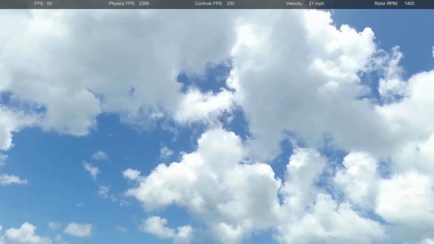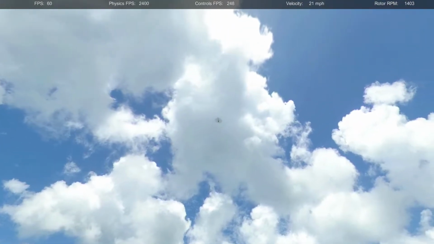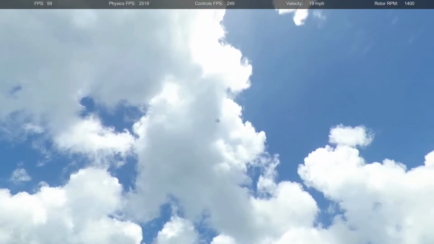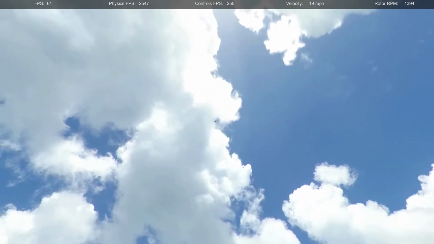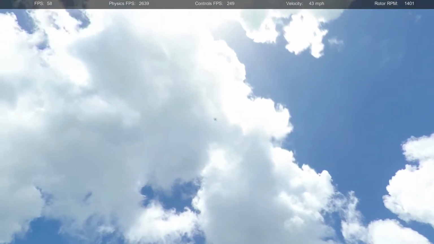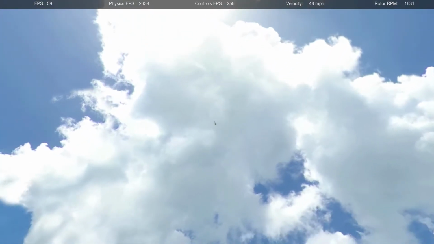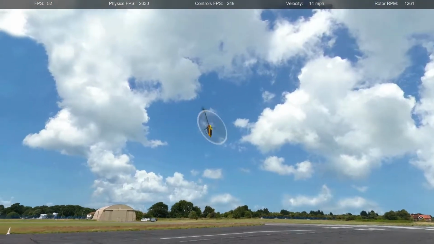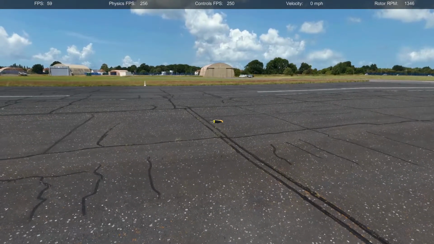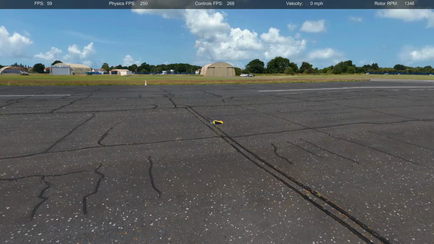Then you take a third grand piano and you stack that on the previous two. You now have the wing loading of a 747. It's about 80 pounds per square foot. Okay. Bernoulli makes enough pressure difference between the top and the bottom that 747s fly. We know this. We see it every day.